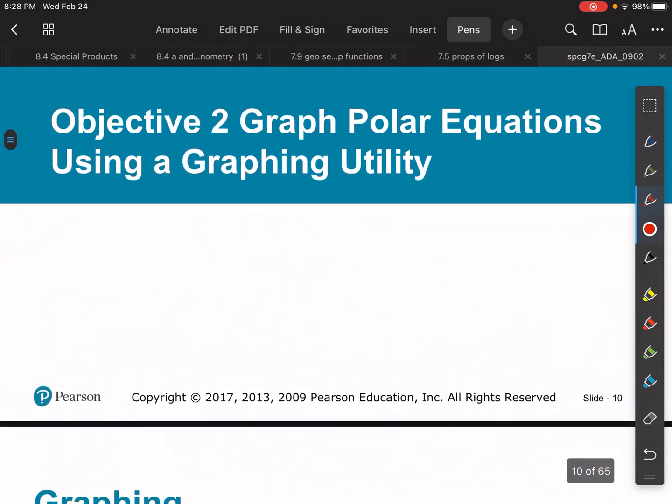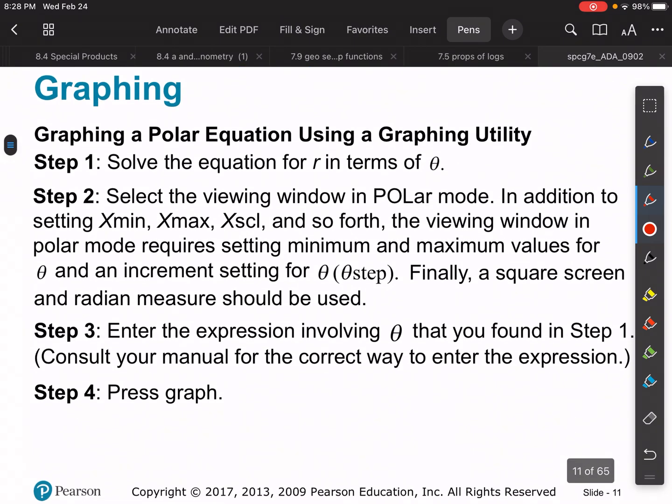Second part of the lesson, objective 2, we're going to graph polar equations using a graphing utility. Now what I recommend you do, you can do this on Desmos. These are the graphing stipulations that you need for your TI. So you're going to change your mode in your view window when you go to graph to polar mode.